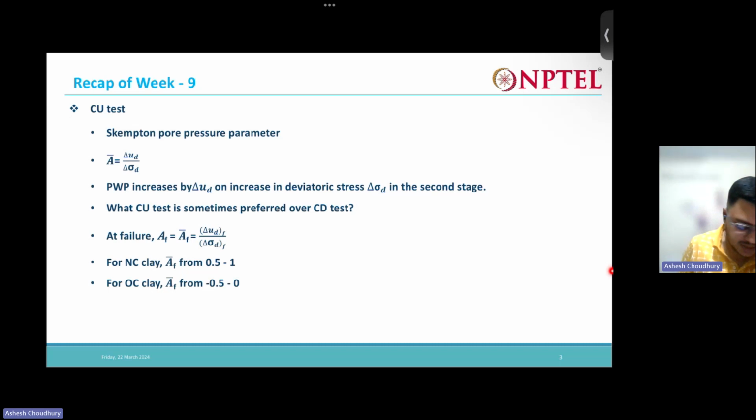Why this minus in terms of over consolidated clay? Because say if we plot the change in volume over original volume with the shear strain. For normally consolidated soil, what is going to happen?